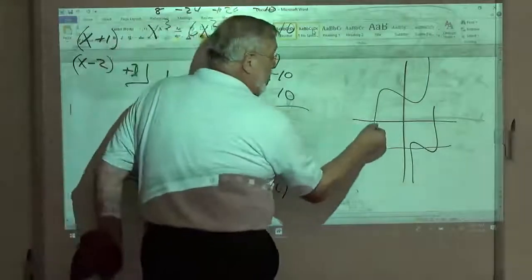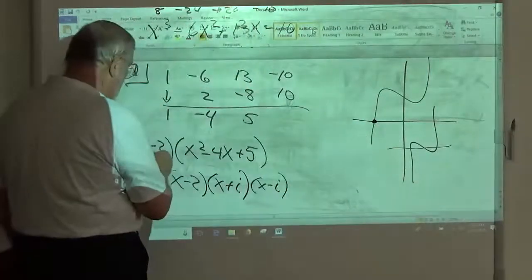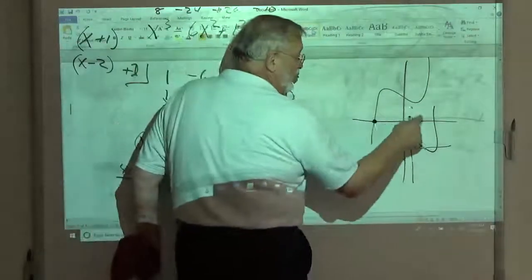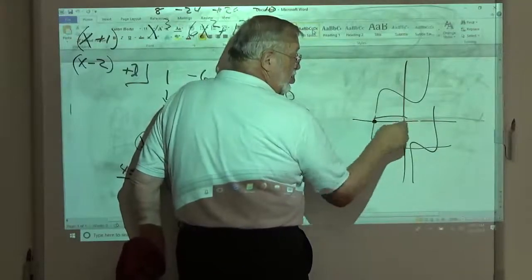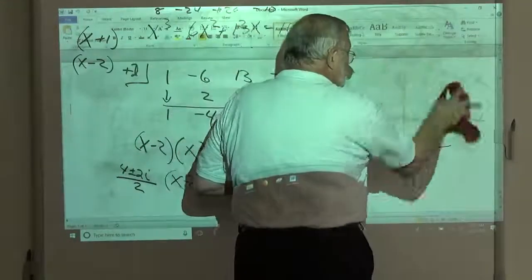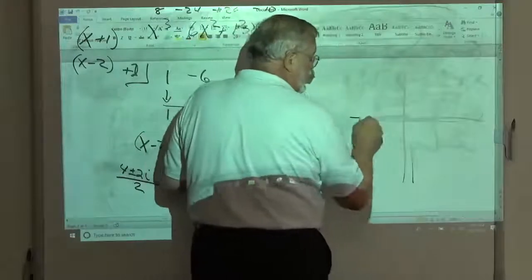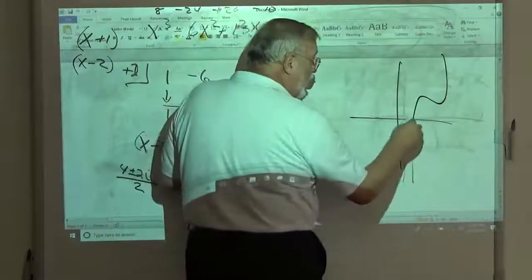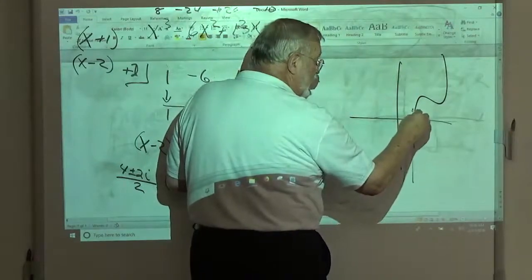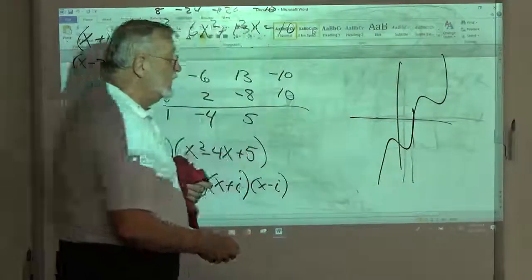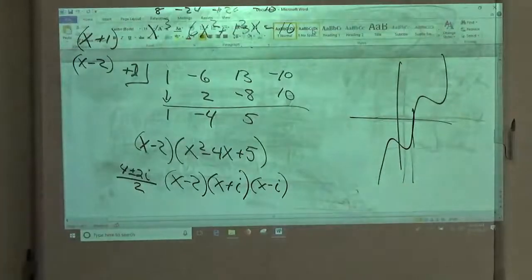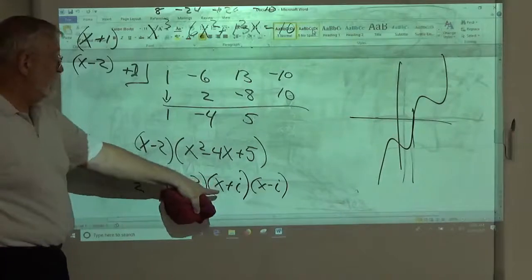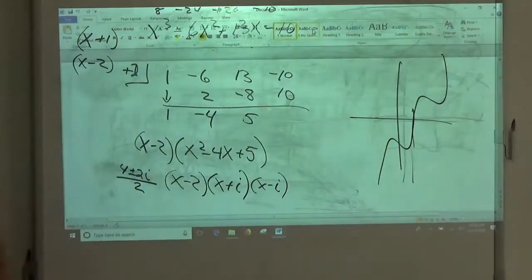So it's going to hit 1 time, and because it's positive 2, it would actually be over here. It's going to be like that, or it's going to be like that. One of those 2. Because the imaginary numbers are 2 of the points that will not show up on the graph. It only crosses the x-axis 1 time.